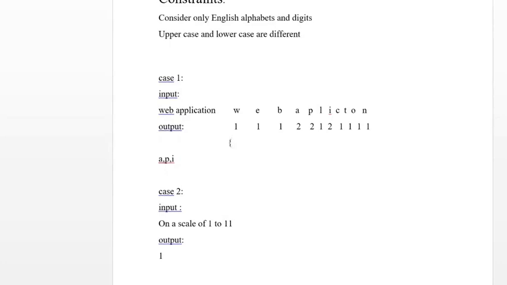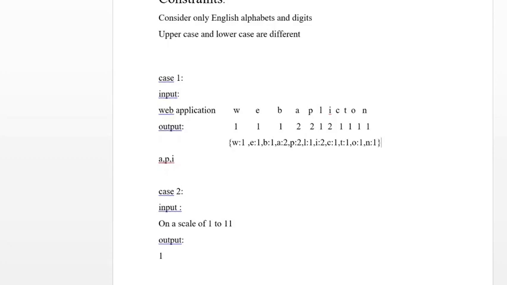Let's take it as W occurred one time, E one time, B one time, A two times, P two times, L one time, I two times, C one time, T one time, O one time, N one time.